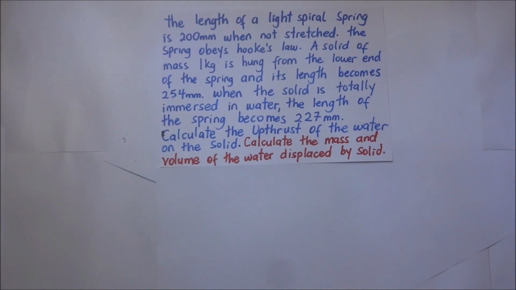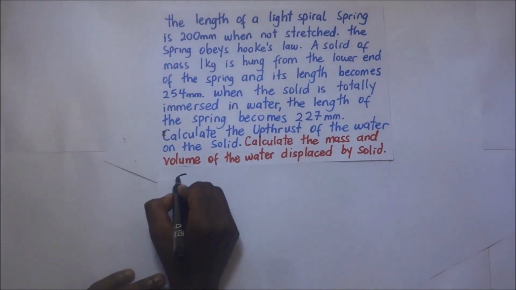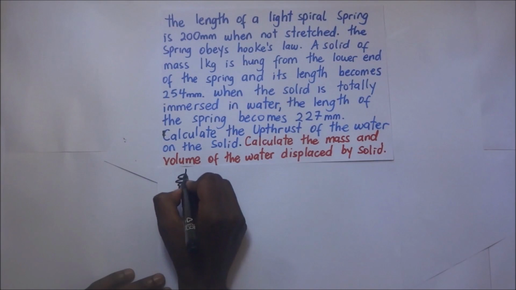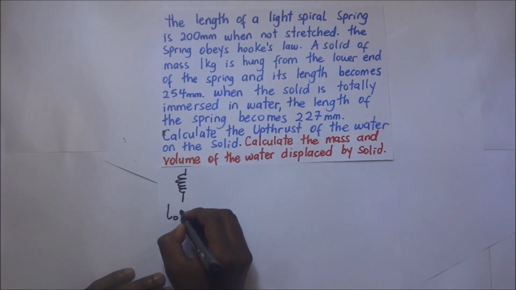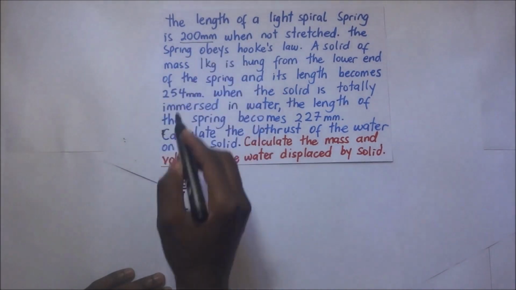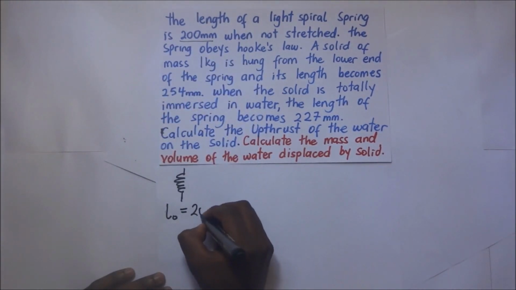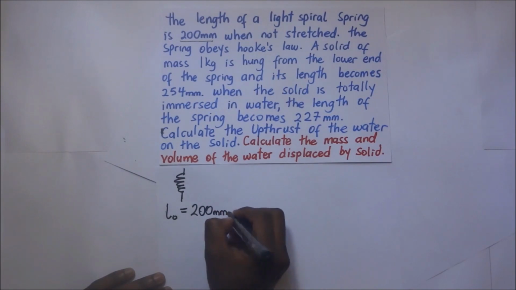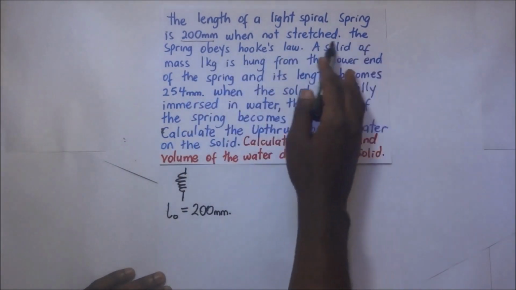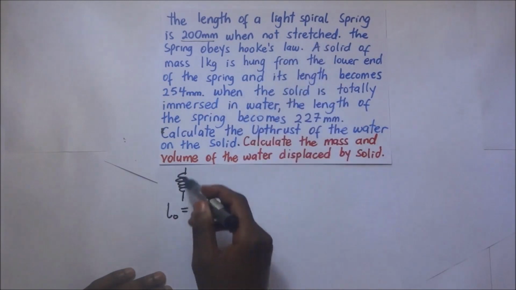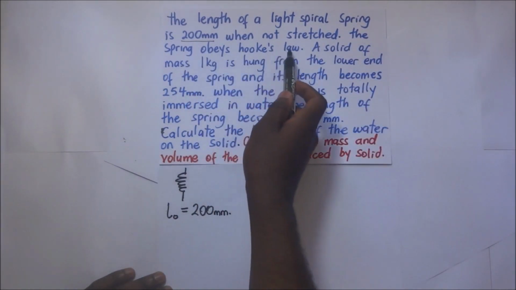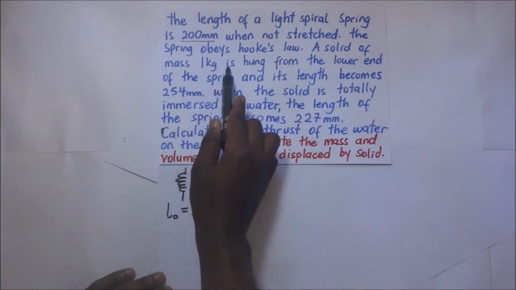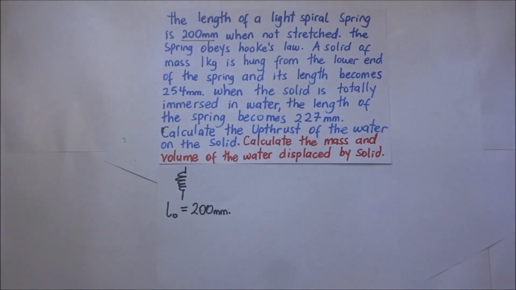So we have a light spiral spring. Its original length, according to the question, is 200 millimeters. That is when it's not stretched, meaning that's its original length. It obeys Hooke's law.